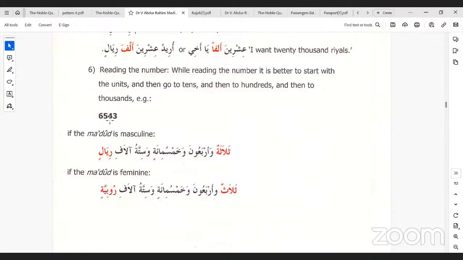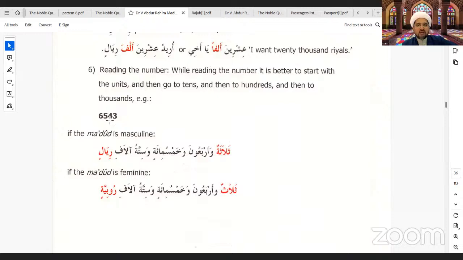To be honest with you, I don't know about yourselves, but for those who speak Urdu, Urdu counting is so difficult. You need to be really good at counting because every number changes itself. Arabic counting is the easiest counting itself. So if you're doing, for example, 6543, and the madud is feminine, thalathatun changes to thalathun wa arba'un, khamsumi'atin, 500, 6,000, sittatu alafi riyalin.